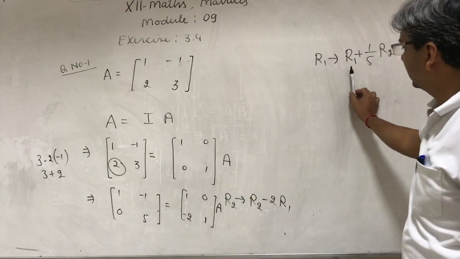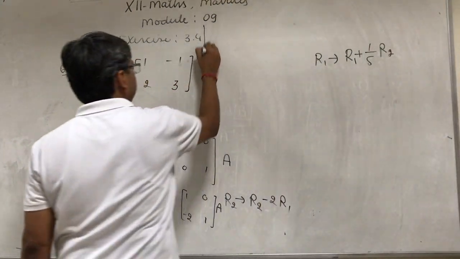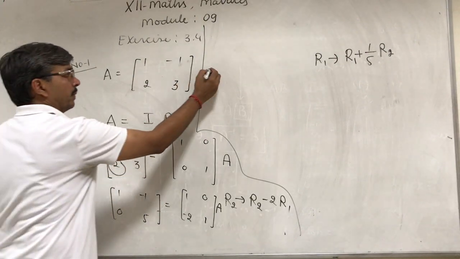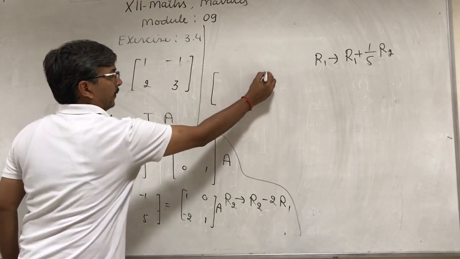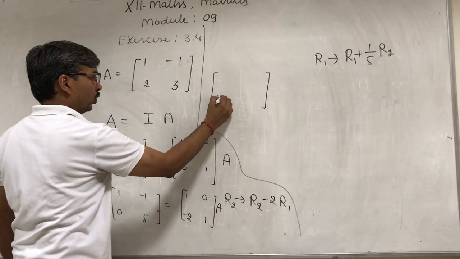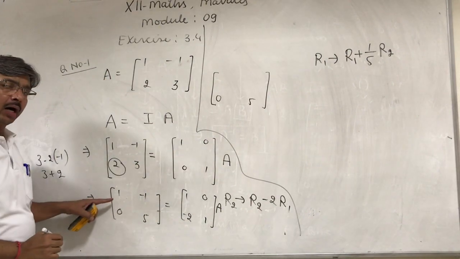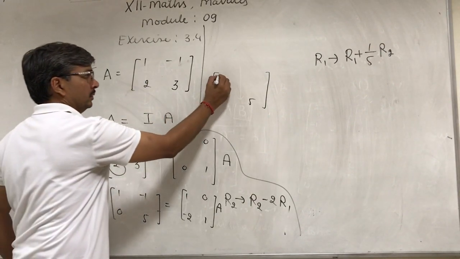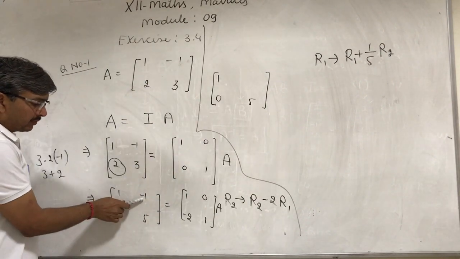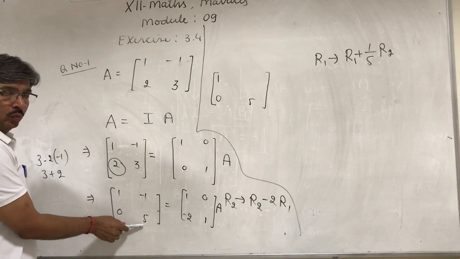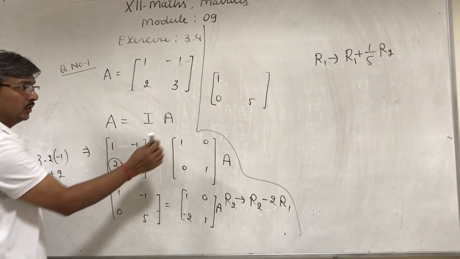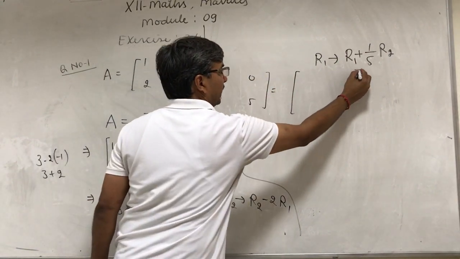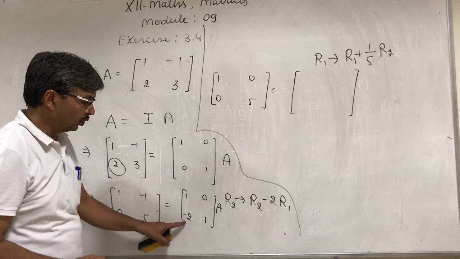So we will apply this operation, and we will get on the left hand side 0, 5. We will change R1. R1: 1 plus 0, 1, minus 1 plus 1 upon 5 into 5, minus 1 plus 1, 0. And on the right hand side also, minus 2, 1.